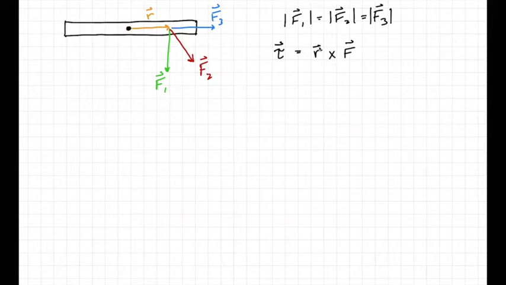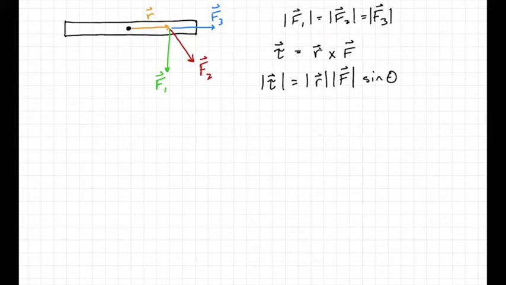If we want to figure out what the magnitude of the torque is, then there's this way of representing the magnitude of any cross product, which is to say the magnitude of the torque will be the magnitude of the position vector times the magnitude of the force times the sine of the angle between those two vectors.